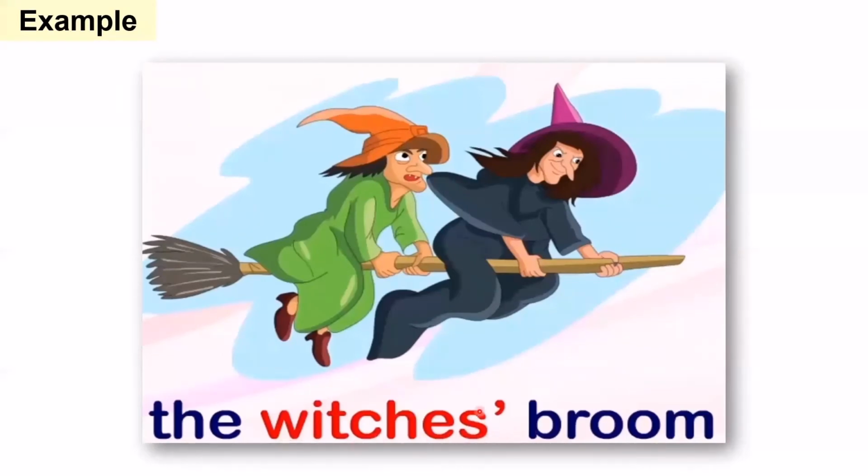So this noun word is ending with s. So what I have done? I have put an apostrophe after s. Clear? And one more thing. Witches' broom. Whose broom? Witches' broom. इन दोनों की ये broom है. Clear? So this broom belongs to the witches. Clear, children?